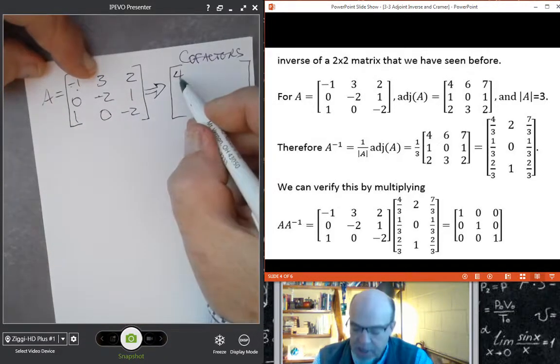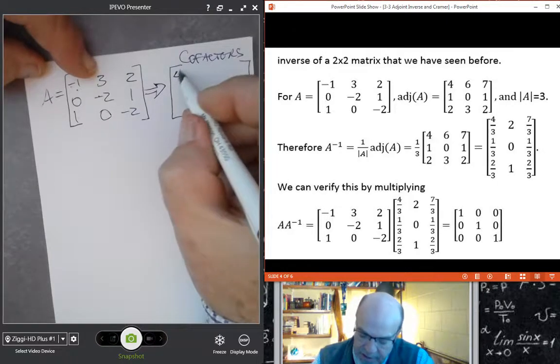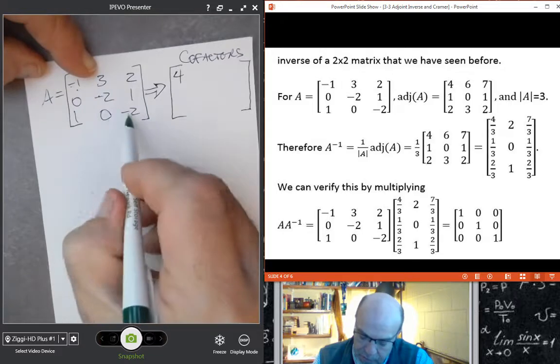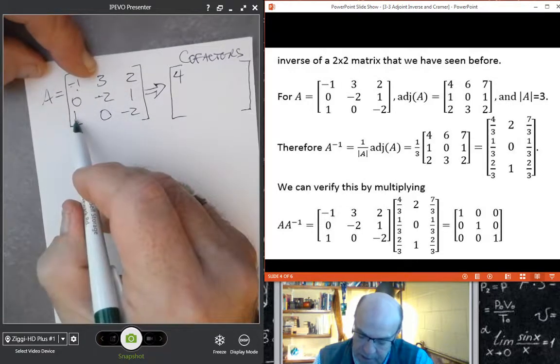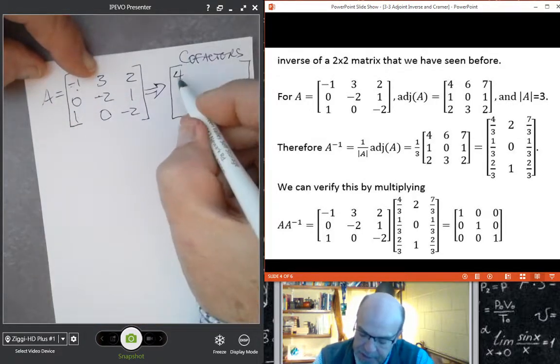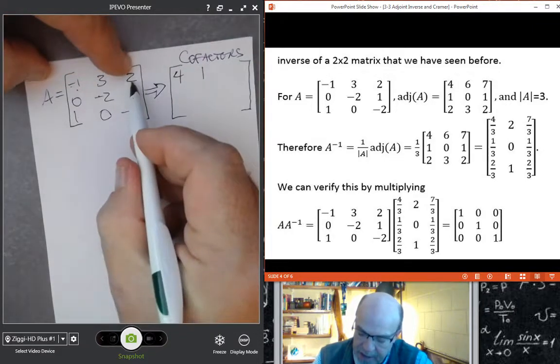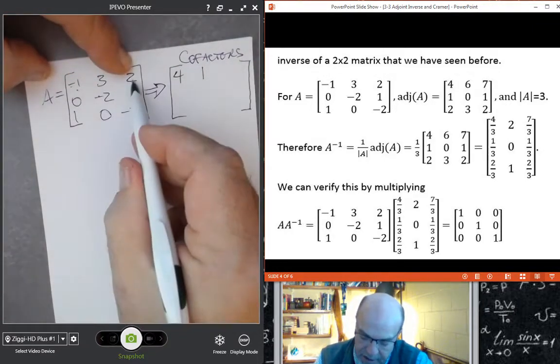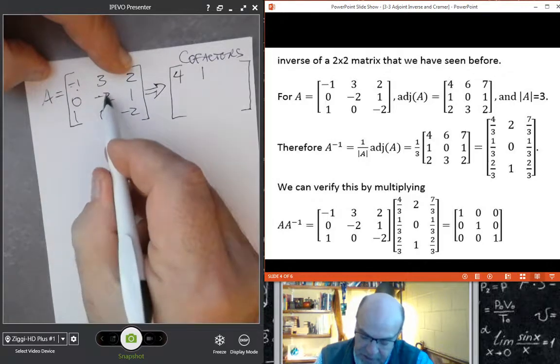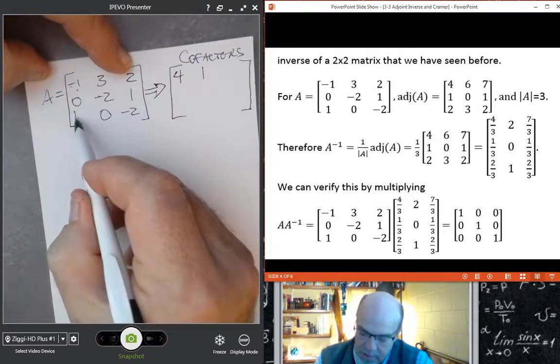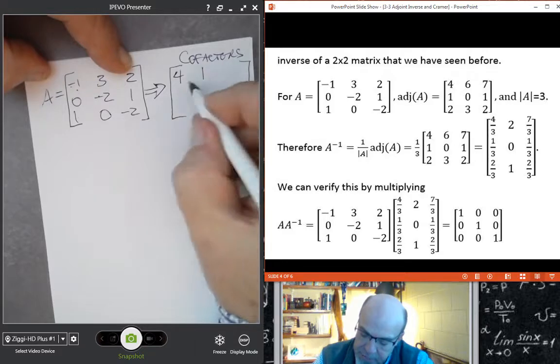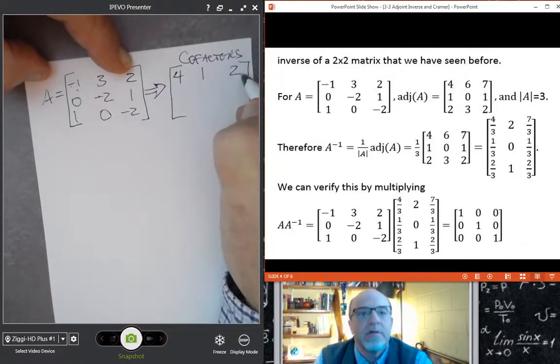But remember, this goes positive, negative, so the negative of that. So 0 minus 1 is -1, plus minus of -1 is just +1. And then in this spot here, the cofactor is 0 minus a -2, which is +2. So plus minus plus, so we keep that the same.